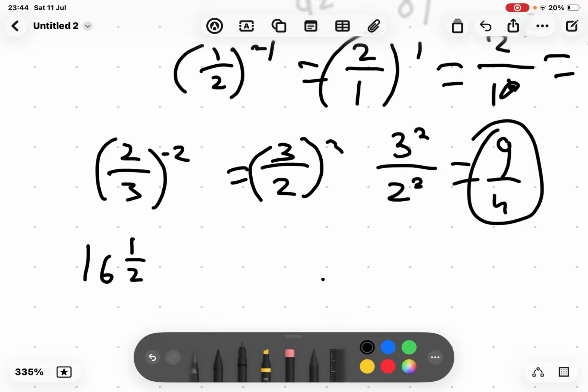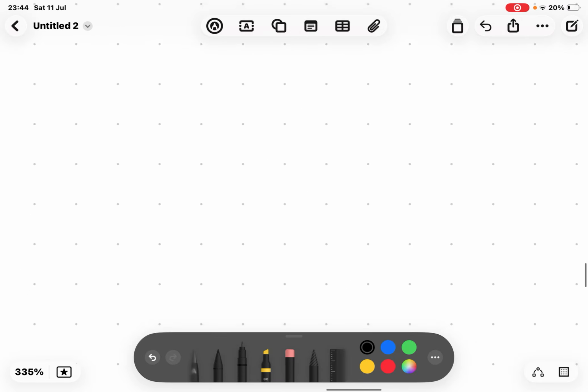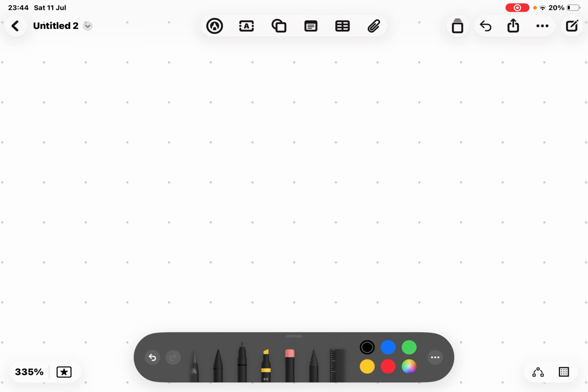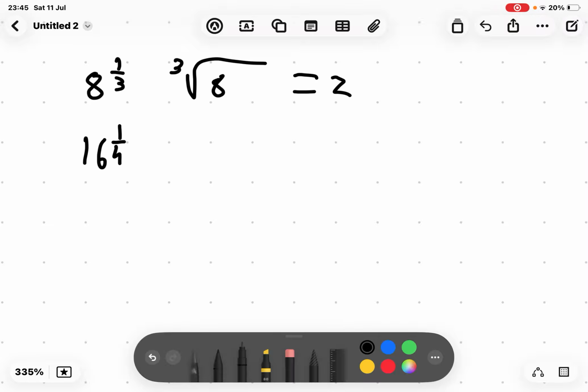16 over squared. This equals 16 squared. This is 4. 8 over 3. Oh no. Like this. So 8 cubed. And that's 2. 16 over 1 4.